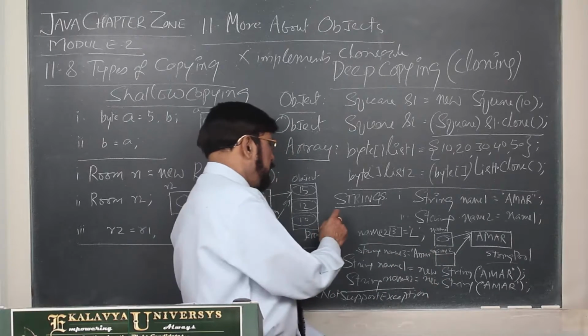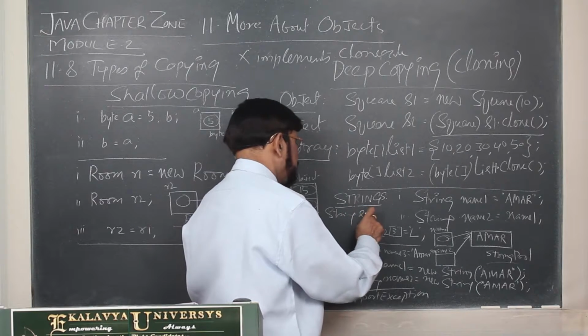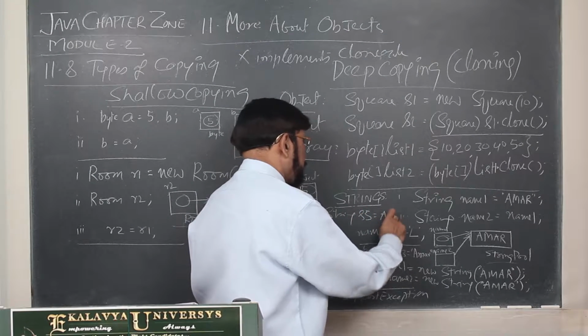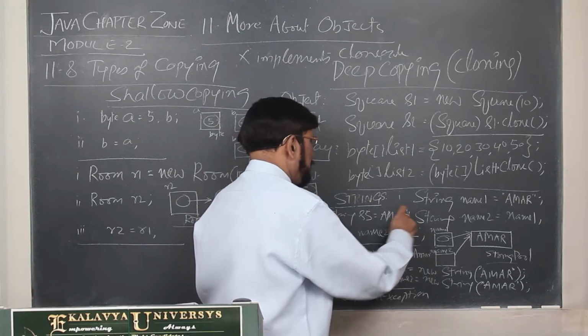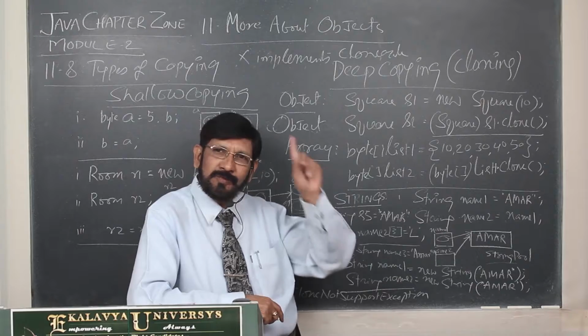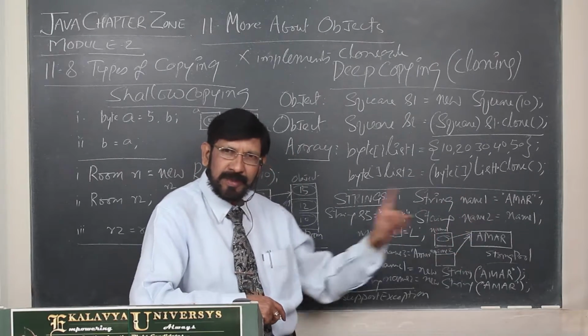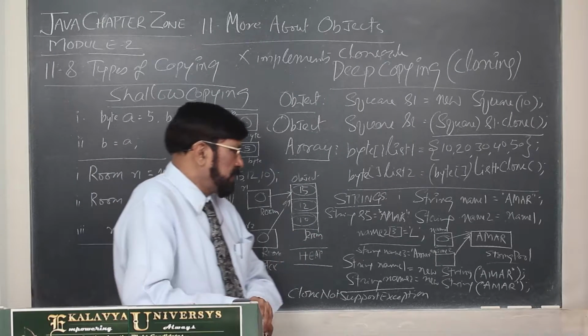Suppose you have written String s5 = "Amar". String s5 also refers to this same "Amar" only. Only one "Amar" is created for the same case, same spelling. Understand? That point you always remember.